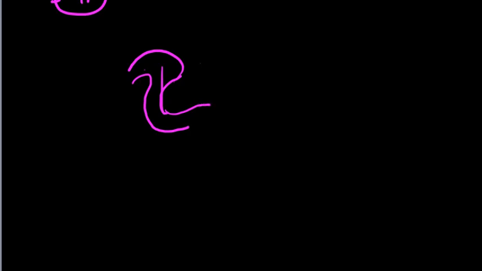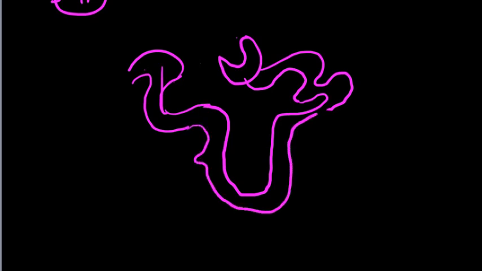If you have your Bowman's capsule over here, you have your proximal convoluted tubule, then your loop of Henle going down, going up, and then the DCT being formed. Here you have your afferent arteriole, your efferent arteriole, and then the glomerulus.